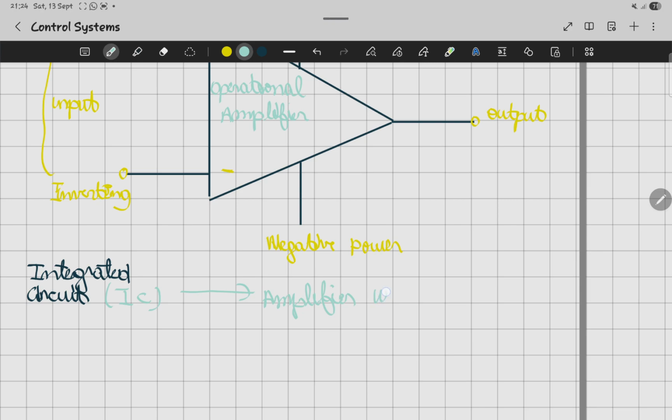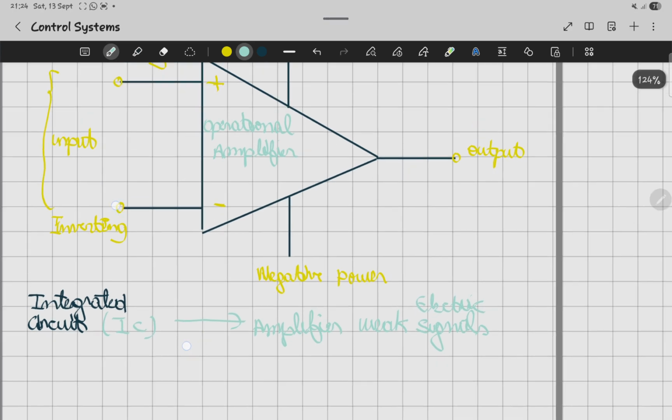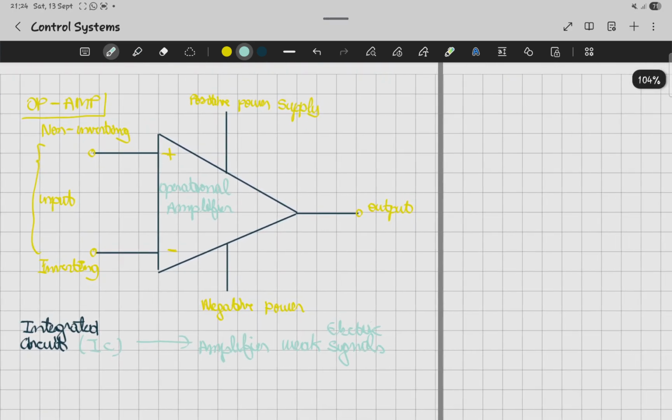weak signal. So on the input we can have a weak signal. It can amplify a weak signal, let's say an electric signal. It can amplify a weak electrical signal. So this is what we call an operational amplifier.